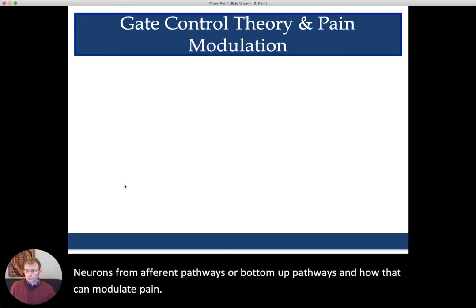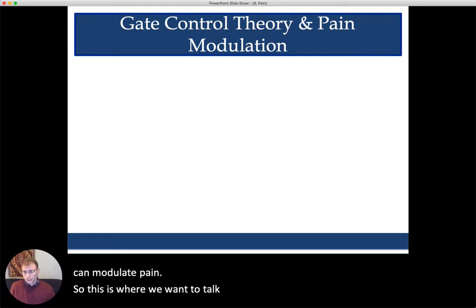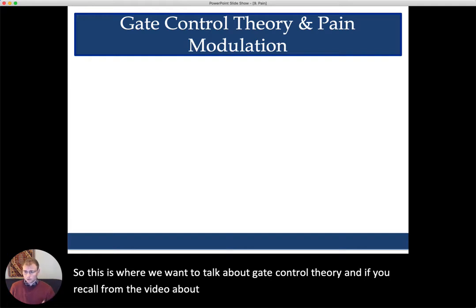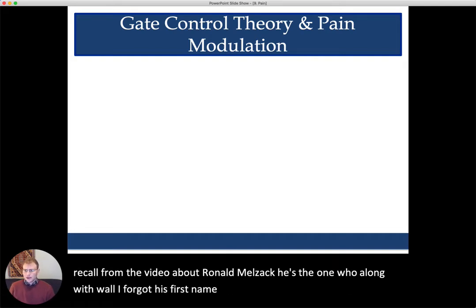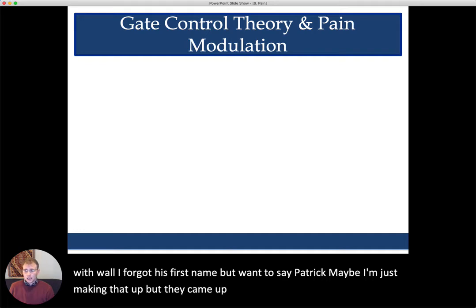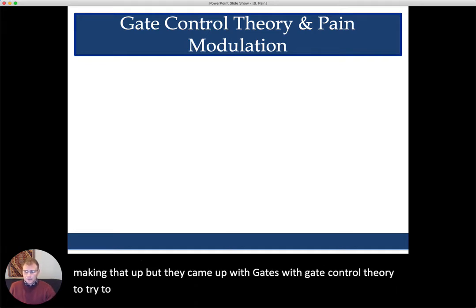So this is where we want to talk about gate control theory. If you recall from the video about Ronald Melzack, he's the one who, along with Wall, I forget his first name, but I want to say Patrick, maybe I'm just making that up, came up with gate control theory to try to explain the impact of psychological as well as other factors on pain.